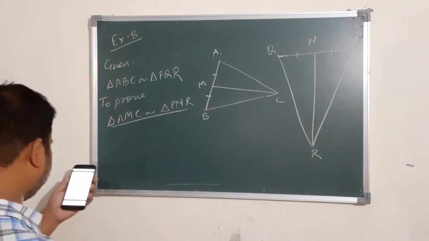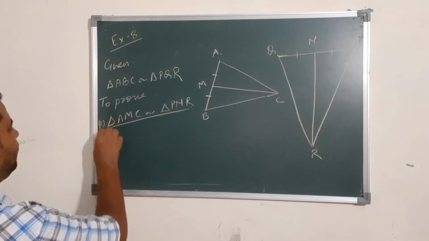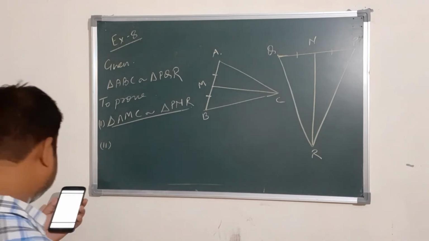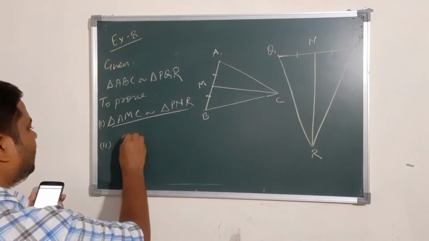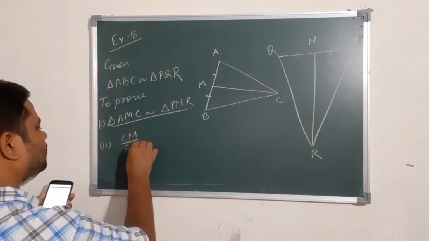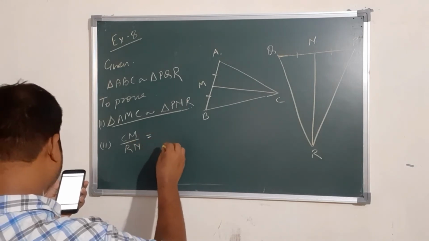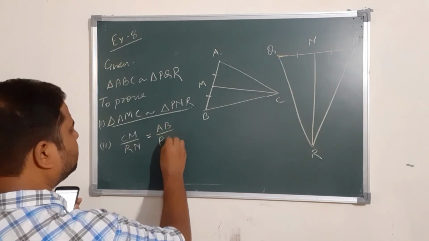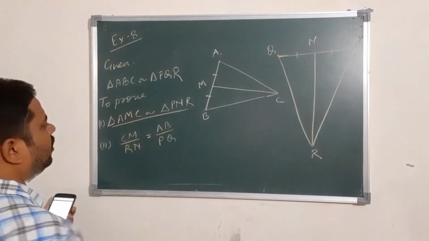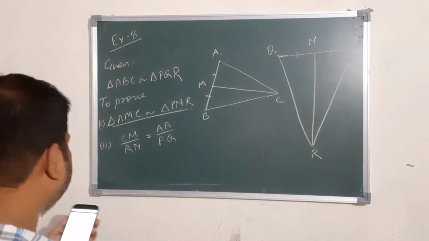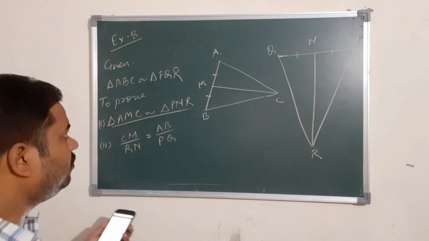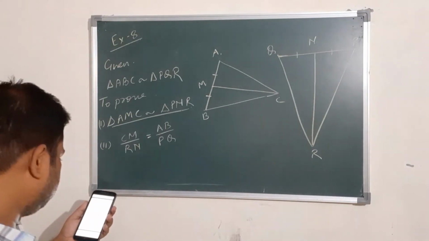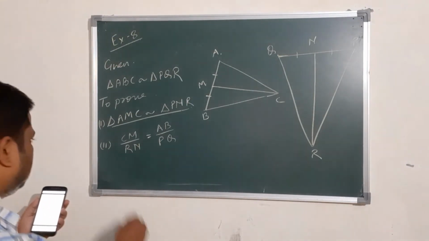This is the first question. The second question is CM upon RN is equal to AB upon PQ.